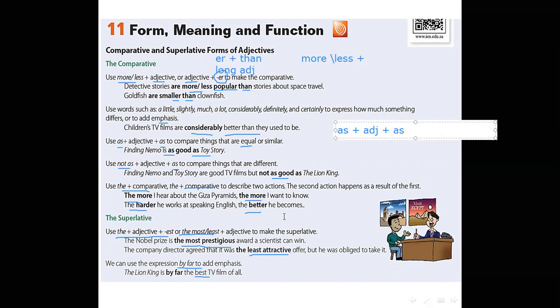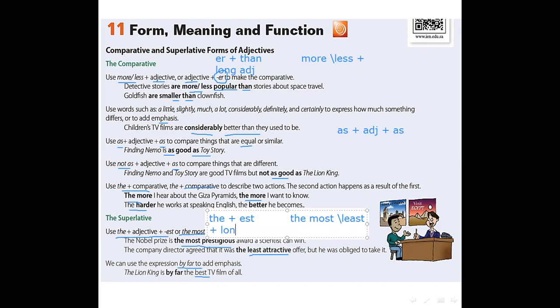And for superlative form, who can tell me? Excellent. We use the plus est for short adjective or the most or the least for long adjective. Is it clear now?